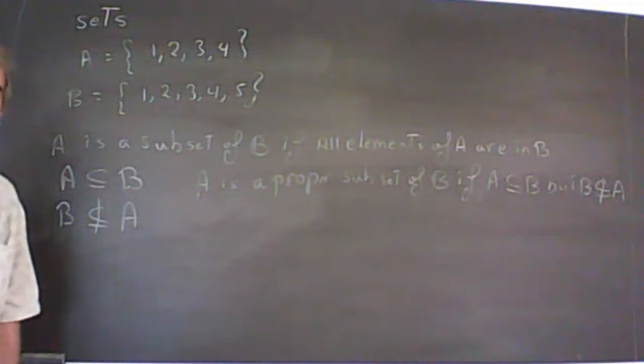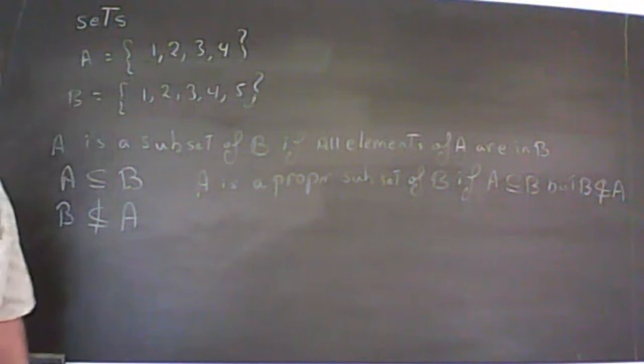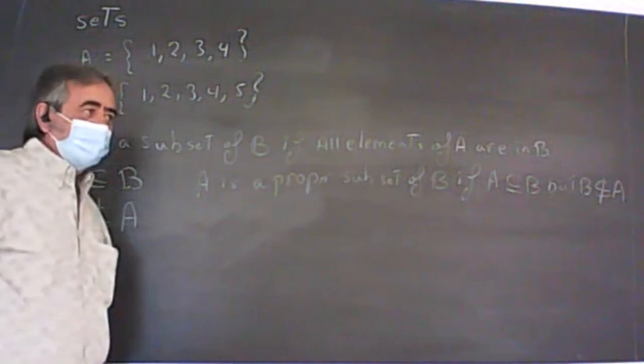Well, another way of saying this is A must be in B, B doesn't have to be in A. Yeah, we call that a proper subset.